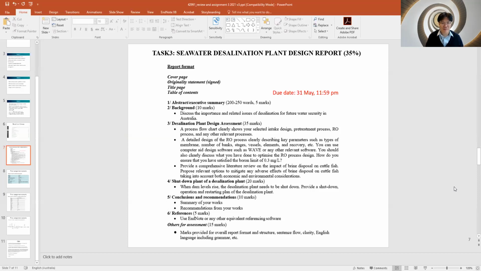That's my expectation. So dam level rise and how you decide what's the trigger point. So based on the manual, how you can improve, that's my expectation. You can get good marks for this question.